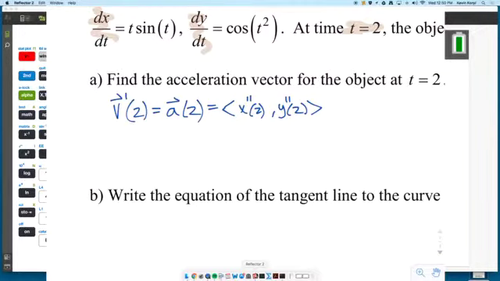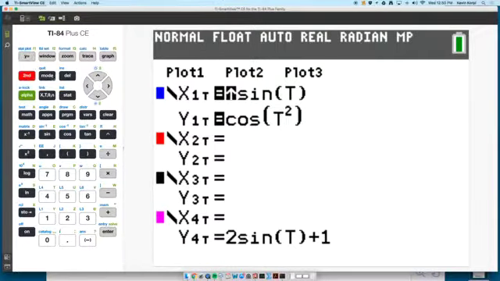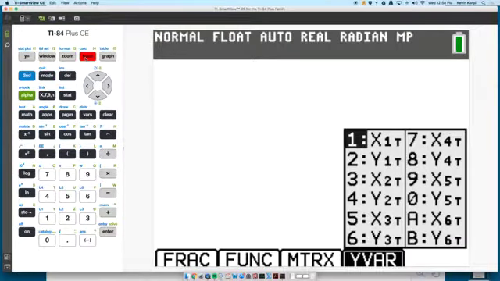But you could write it in terms of t and then underneath it put it in terms of 2. All right, so now I have two calculations to do. I need to figure out what the second derivative is at 2. Well, my first derivative of x is in x sub 1. So from the home screen, if I hit alpha trace, look what shows up now. Not y sub 1, y sub 2, y sub 3, but I have all my parametric guys right there.